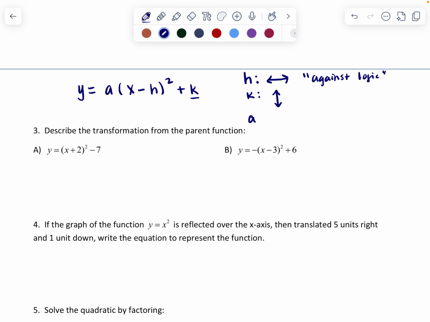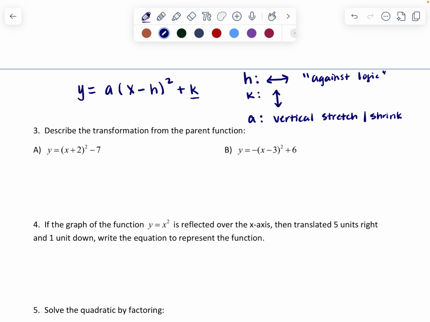The a is going to tell you, and I don't even know if we put this on the test, if you have a vertical stretch or a shrink. I'm not sure if that's what your teacher has called it, so I really wouldn't worry about that too much.